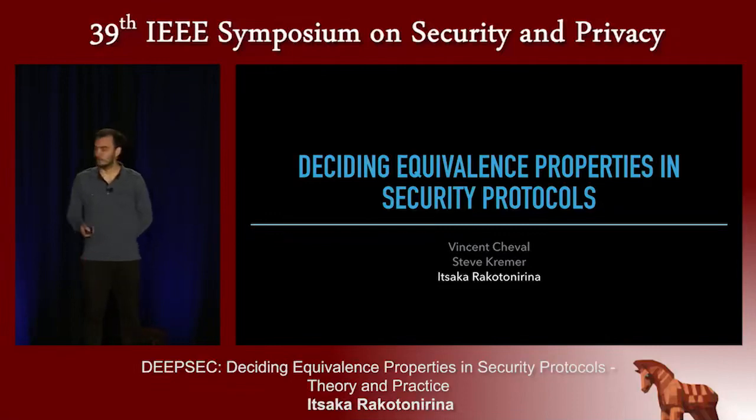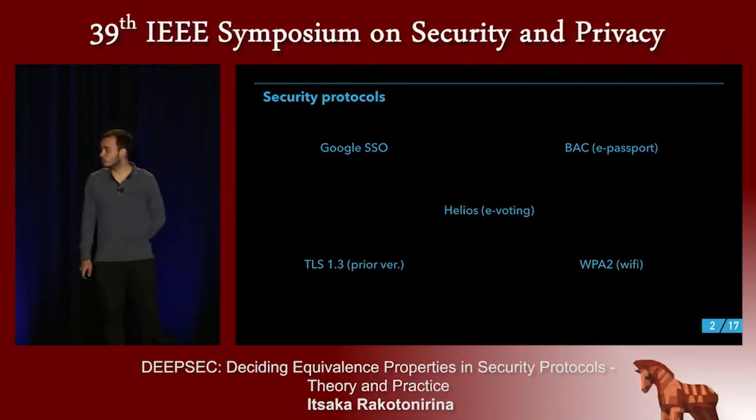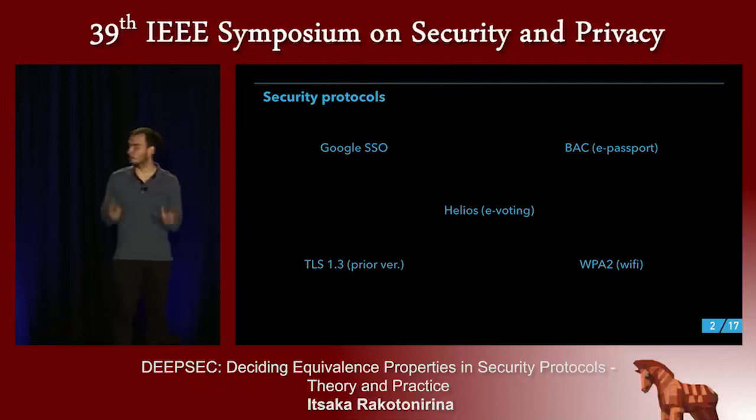So maybe to begin with, slowly, here is just a list of names. I guess that at least TLS and WPA2 ring a bell to you. And these are actually security protocols. That is, they are distributed programs describing how agents can exchange some private data.